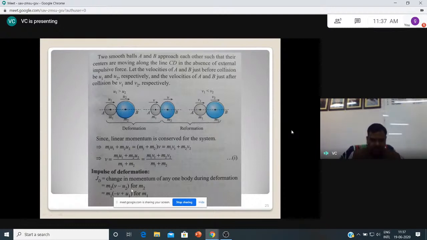For m1 it is u1 minus v. Okay. This is the impulse of deformation. This is what we call the coefficient of restitution. You can obtain the ratio. This coefficient of restitution depends upon the elastic impact, plastic impact, and this may vary.